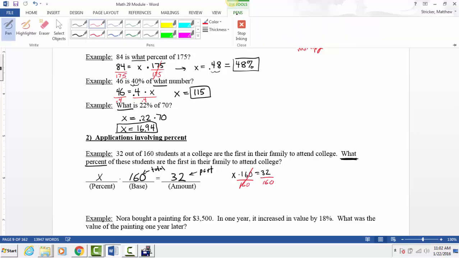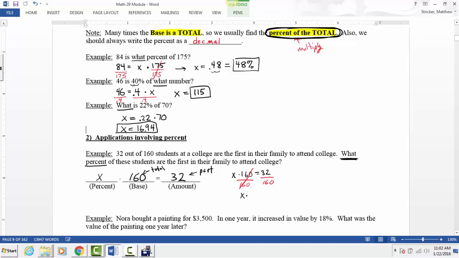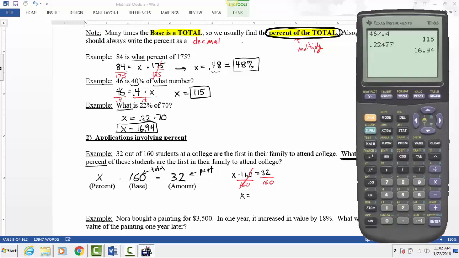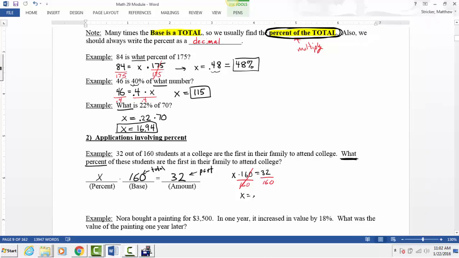And we can do this simply enough in our calculator. x equals 32 divided by 160, and we get 0.2. Remember, we need this to be a percent. So this is 20% of students who are first in their family to attend college.